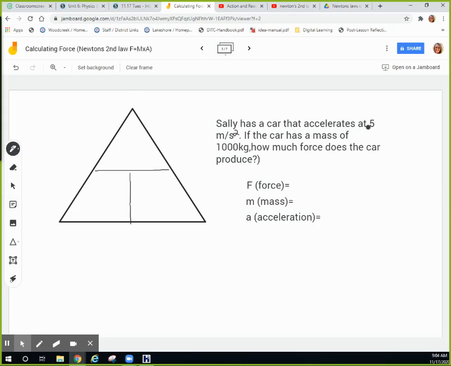Okay, let's do another example. Sally has a car that accelerates at 5 meters per second squared. If the car has a mass of 1,000 kilograms, how much force does the car produce? Okay, so they told us the words accelerate and mass. So it's very easy to plug in our information. Our acceleration is 5 meters per second squared. Our mass is 1,000 kilograms. And we're looking for the force.